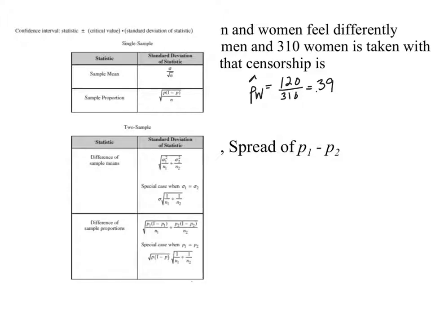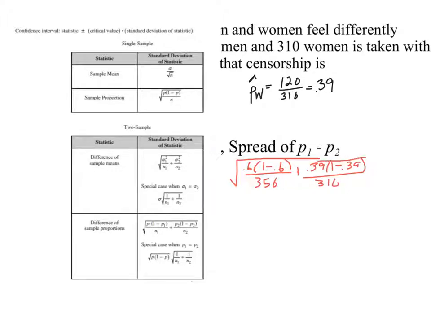So our spread is going to be the square root of 0.6 times 1 minus 0.6 over 350, plus 0.39 times 1 minus 0.39 over 310.